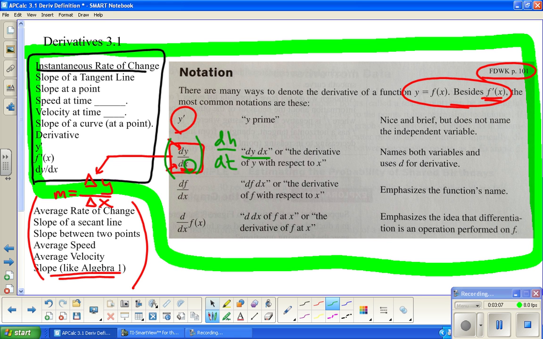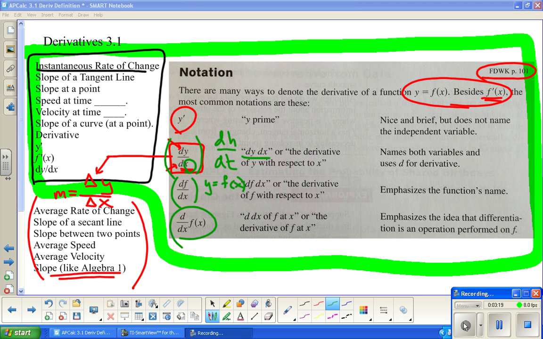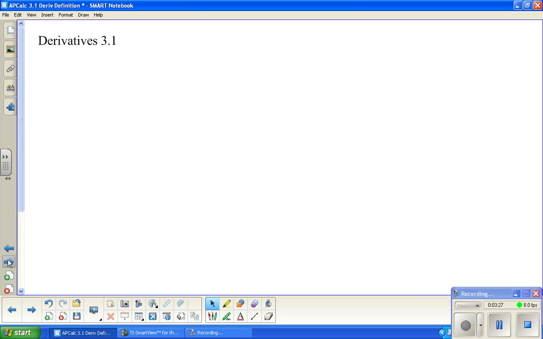Also df dx, and that goes back to the idea of f of x being y, which is also the same thing as this. All right, so these are just different notations, and we'll see variations of them throughout, but I just wanted to make sure you saw it.